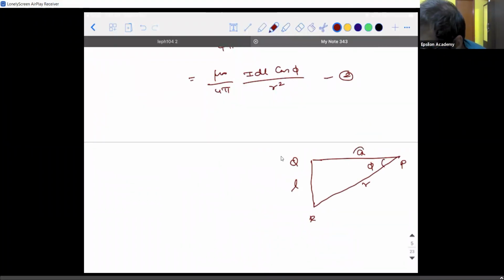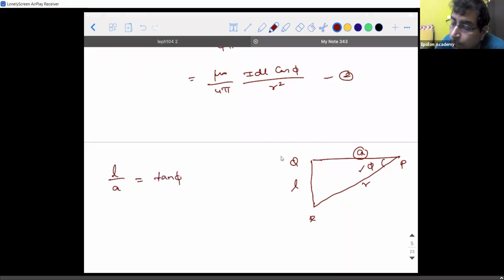The only fixed parameter is A. So it's always advisable that you have it in terms of a fixed value and one of the variables. The best variable that is going to relate L and R with A is phi, because I can use trigonometry. So what is L divided by A? L divided by A is tan phi. So L will be equal to A tan phi.